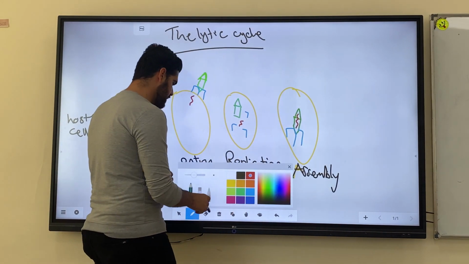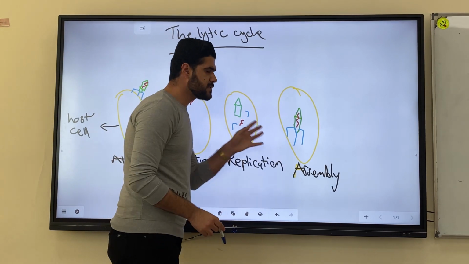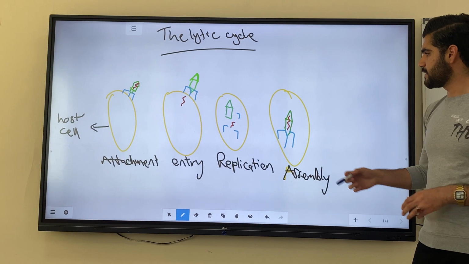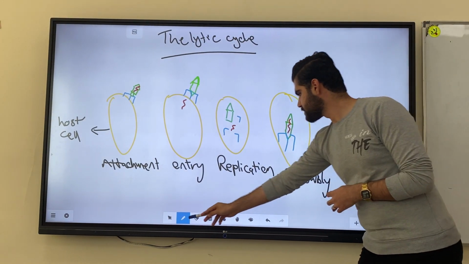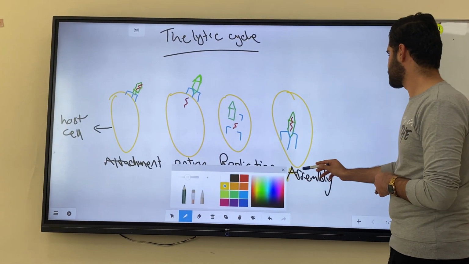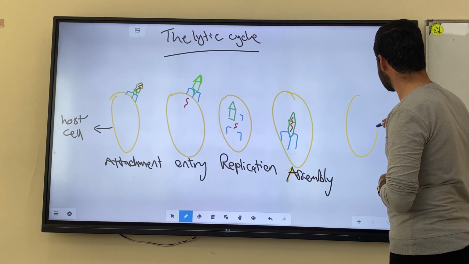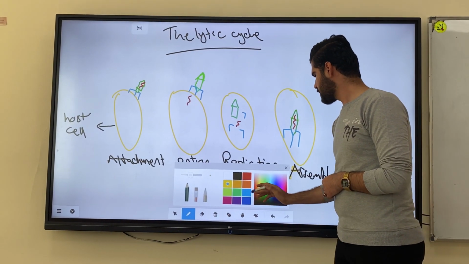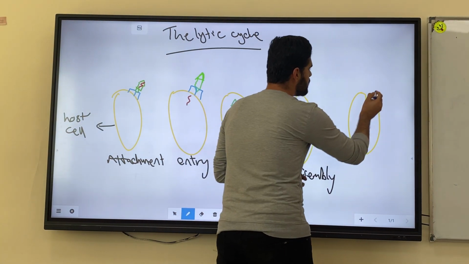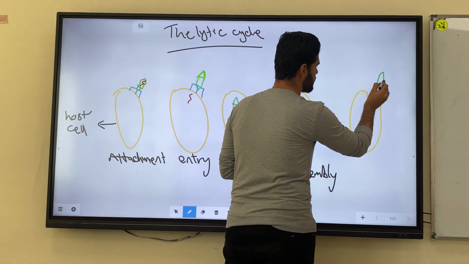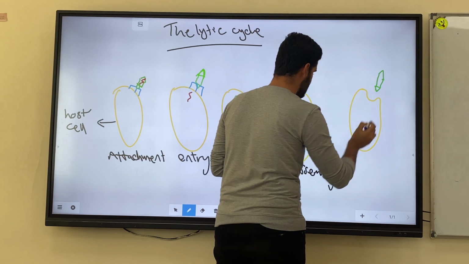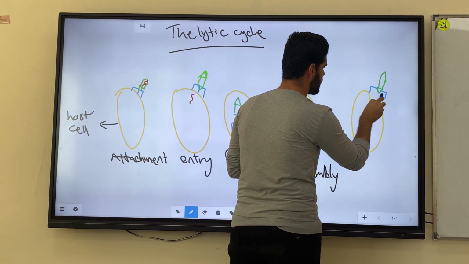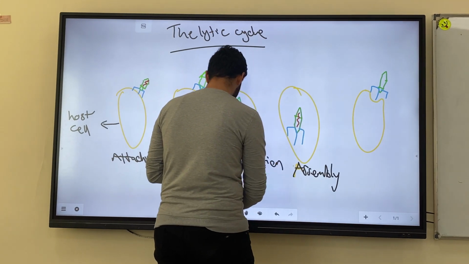And the last step is that the cell will be broken for the release of the virus, and the virus will come outside. Here the virus will break the cell membrane and escape outside.